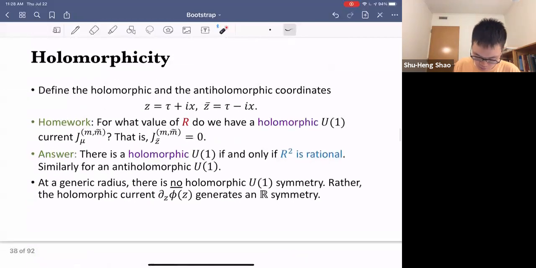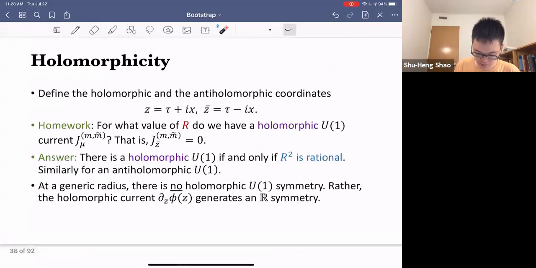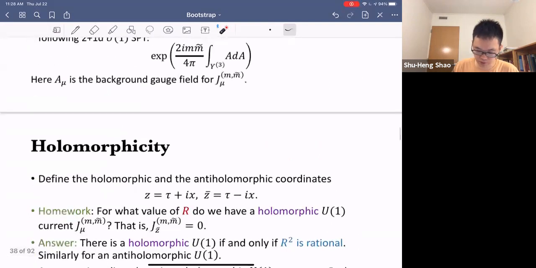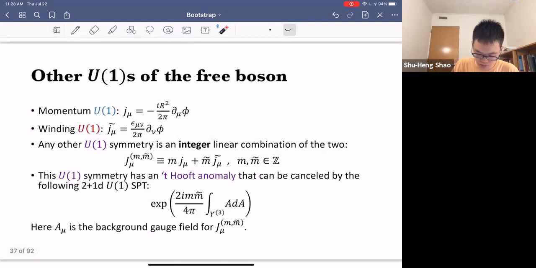The answer is that it's not always the case. There is a holomorphic U1 if and only if the radius squared is a rational number. You can roughly see that because what you are going to do is take some linear combination of this piece with that piece, and you want certain components of it to vanish with some integer coefficients.